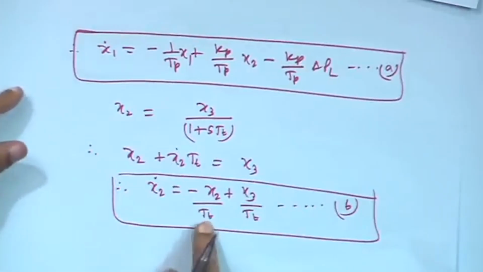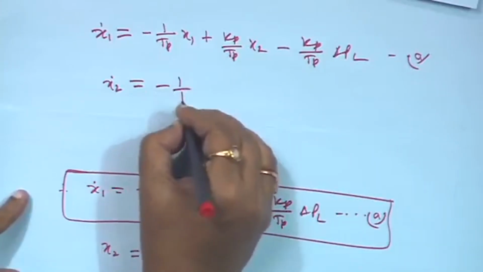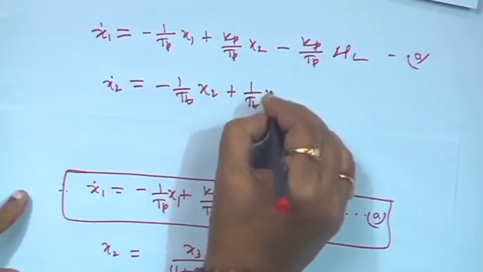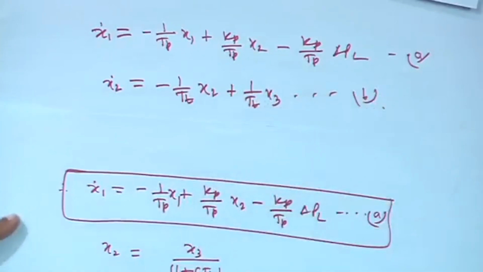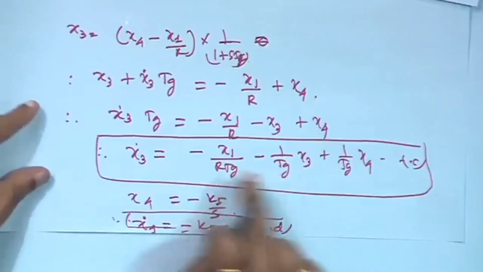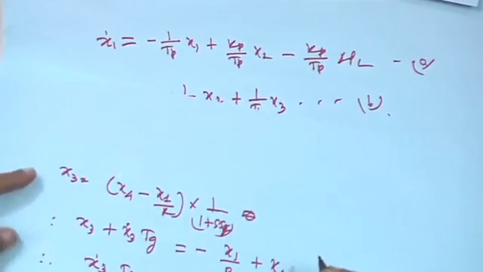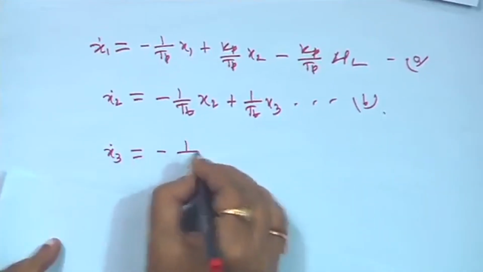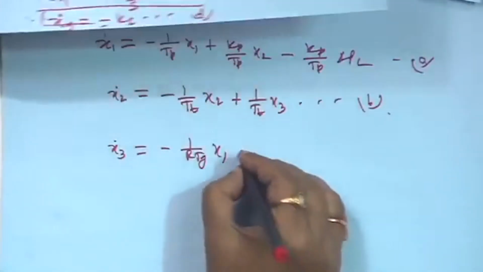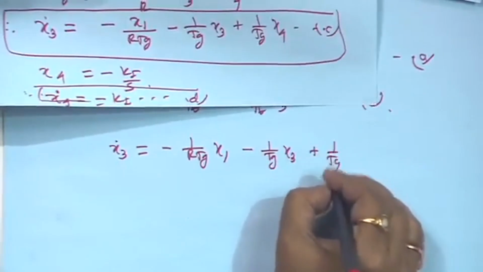Similarly, x2 dot is equal to minus 1 upon Tt x2 plus 1 upon Tt x3. This is equation B. Similarly, equation C: x3 dot is equal to minus 1 upon R Tg x1, then minus 1 upon Tg x3, then plus 1 upon Tg x4.